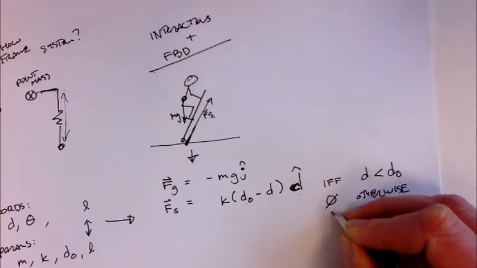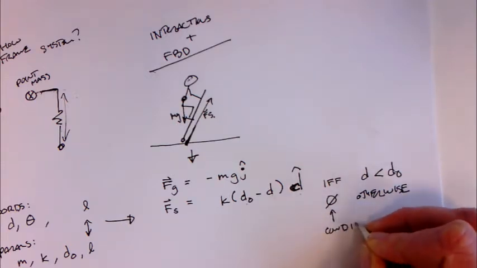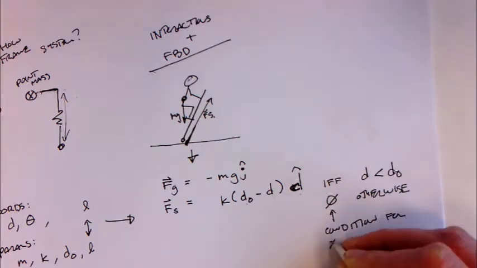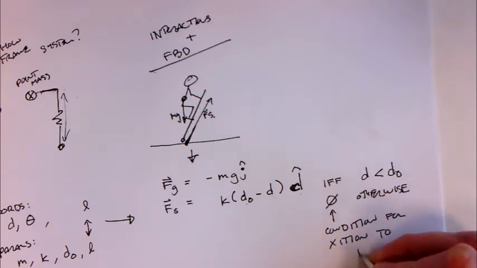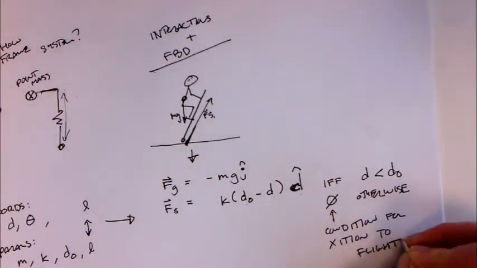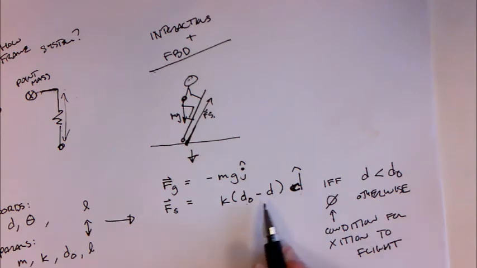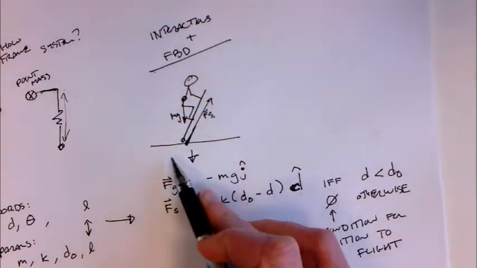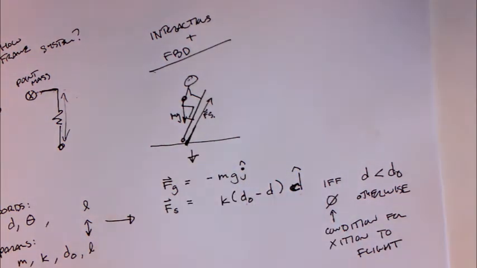In fact, this will be the condition for transition to flight. Basically, you're only in contact with the ground when the pogo stick is actually shorter than its rest length. Okay, so now we've got mathematical models for both the gravitational force and for the spring force.